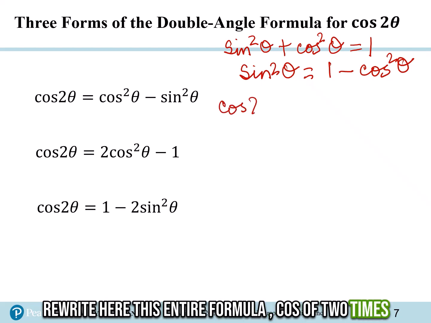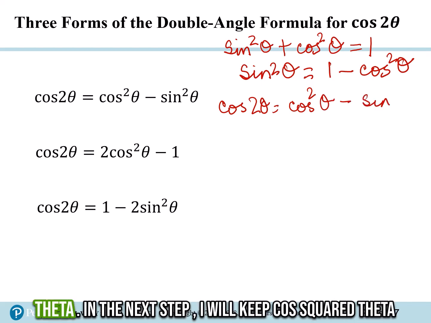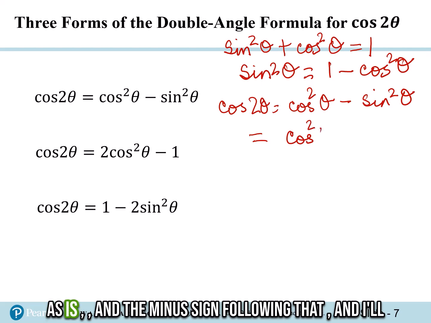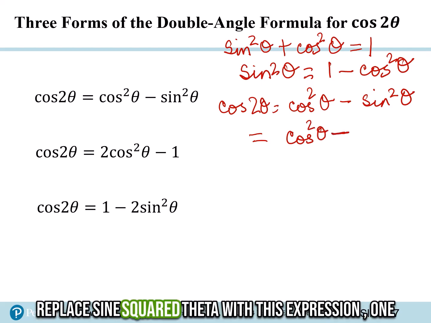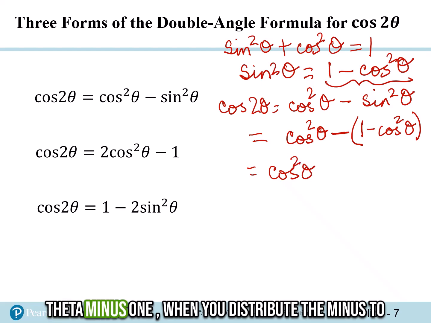Cos of 2 times theta equals cos squared theta minus sine squared theta. In the next step, I will keep cos squared theta as is and the minus sign following that, and I'll replace sine squared theta with this expression 1 minus cos squared theta. We will get cos squared theta minus 1.